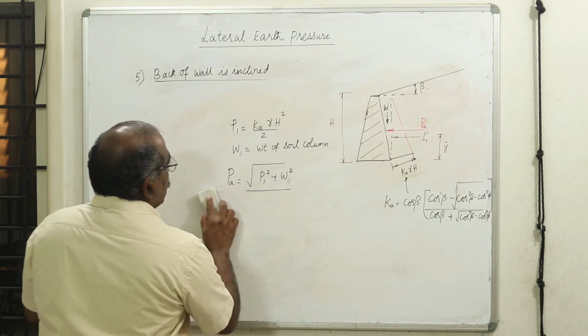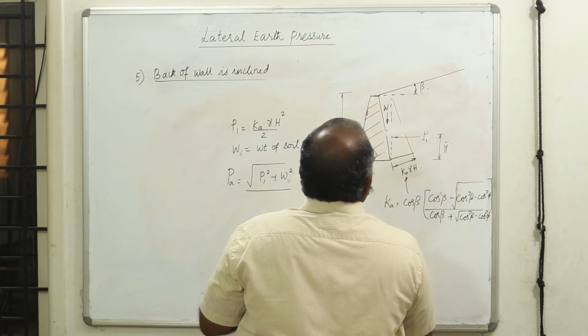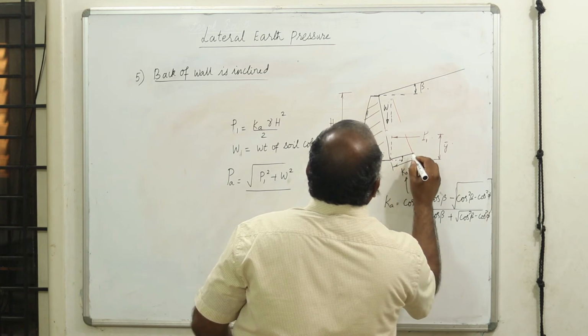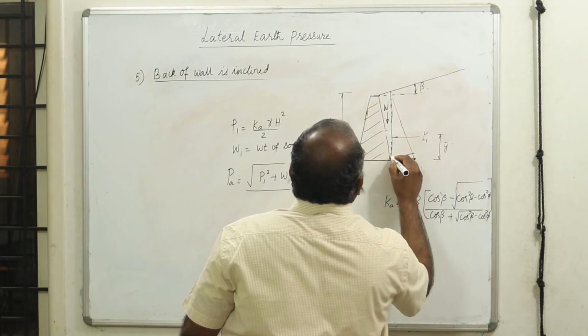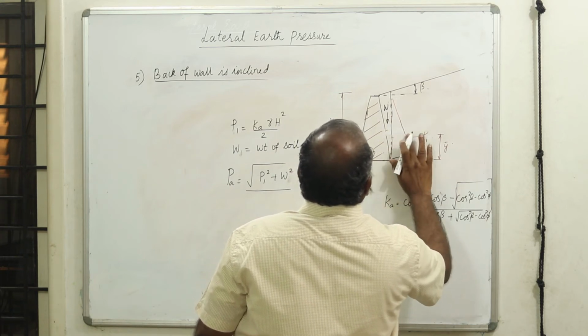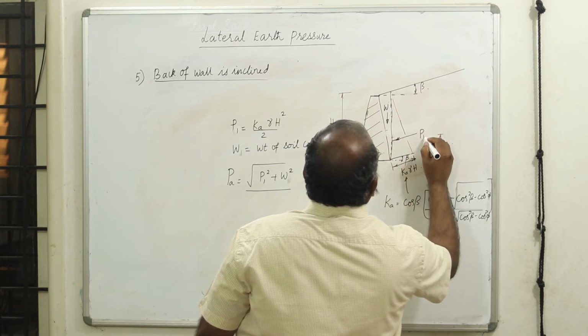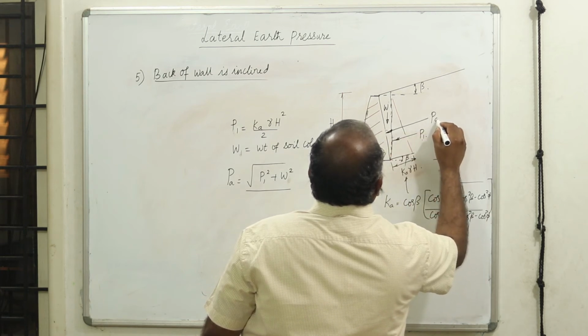And what happens to PA? PA will not be horizontal, it will be inclined. The base of the pressure distribution diagram will be inclined at an angle beta, and even this thrust will be inclined. This will be P1, and your PA also will be inclined with the base.